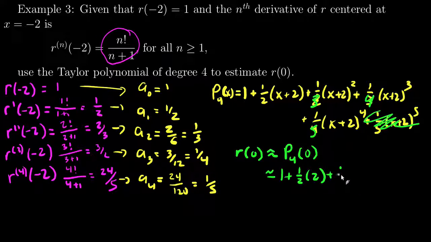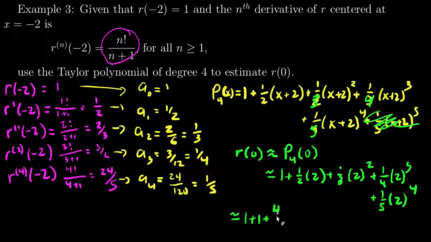So I have 1/3 times 2 squared plus 1/4 times 2 cubed finally plus 1/5 times 2 to the 4th. And that will be 1 plus 1 plus 4/3 plus 8/4, which is 2, plus 16/5.